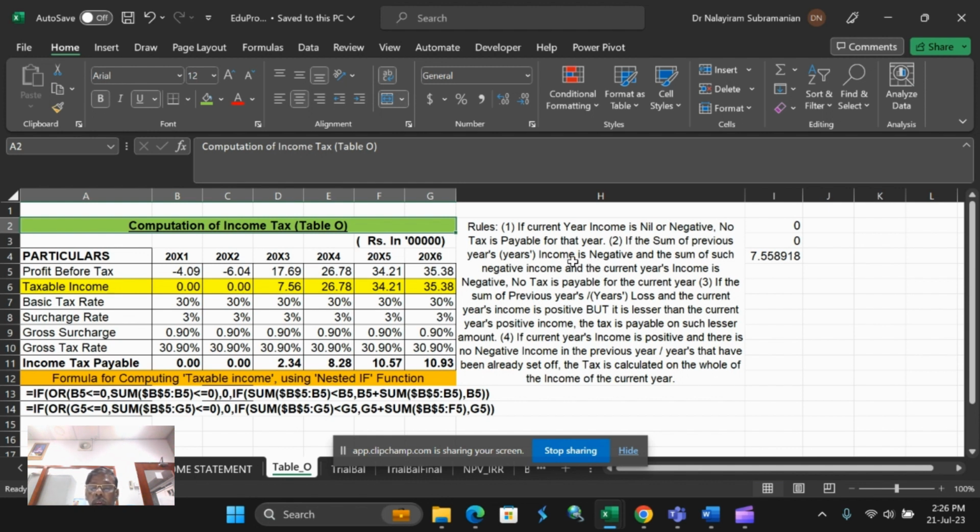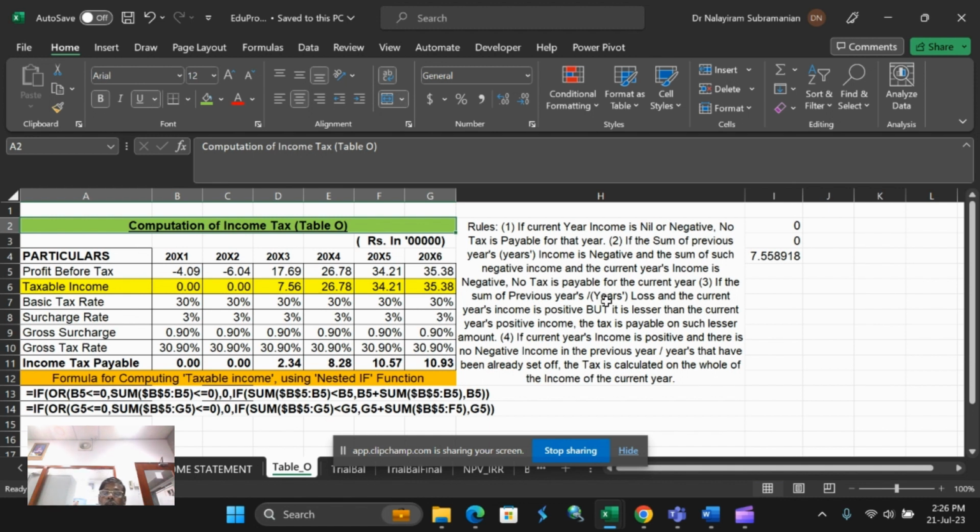If the loss has been carried forward within the time limit, and a future year's income is positive, then the loss will be adjusted. Even after adjustment, if there is still a negative, then no tax is payable for that year as well.